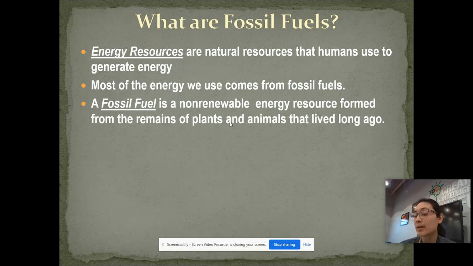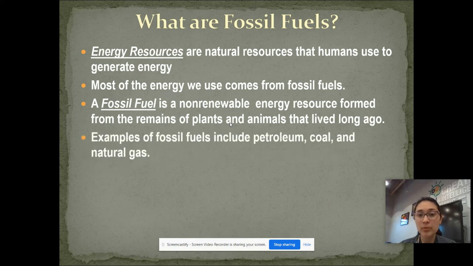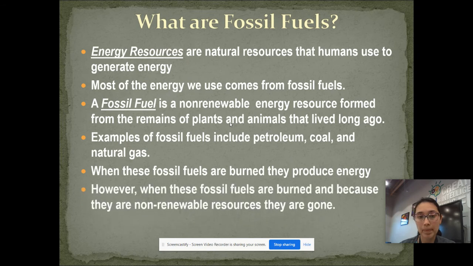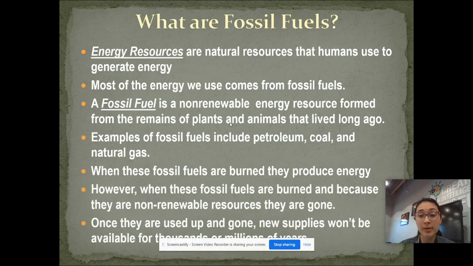That means they cannot be replaced easily, and they're formed from the remains of plants and animals that lived a long, long time ago. Those things died, got compressed and heated, and turned into fossil fuels. Examples would be petroleum or oil, coal, and natural gas. When they are burned, they produce energy. But once we burn them, they're gone.